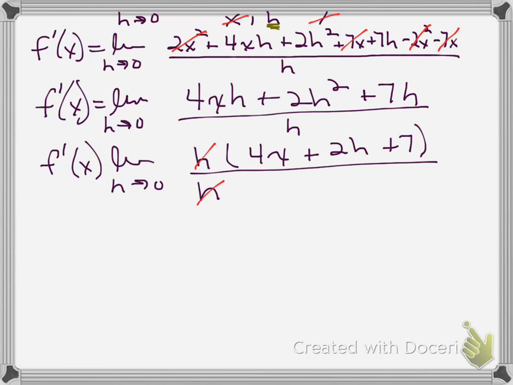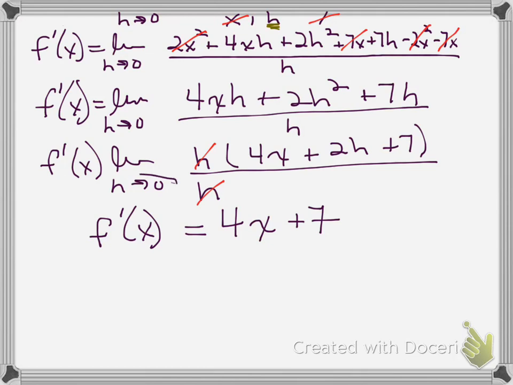So now at this point, and only at this point, do I take the limit. So I'm going to plug in the 0. Once I plug in the 0, I don't need to write the limit as h goes to 0. So I see that I get 4x plus 7.